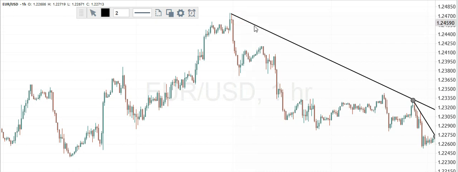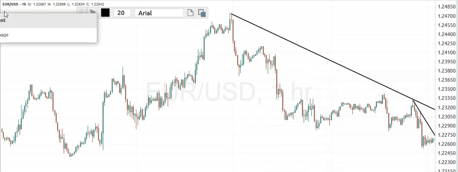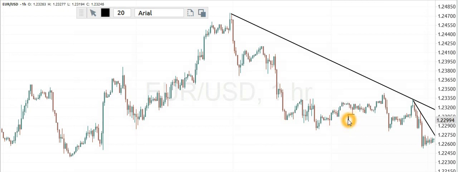So this outer trend line just monitors the downward movement. Once the market remains below this trend line, it will continue to go down, so our focus will be on selling. So this section here would be my sell zone, and over here would be my buy zone.